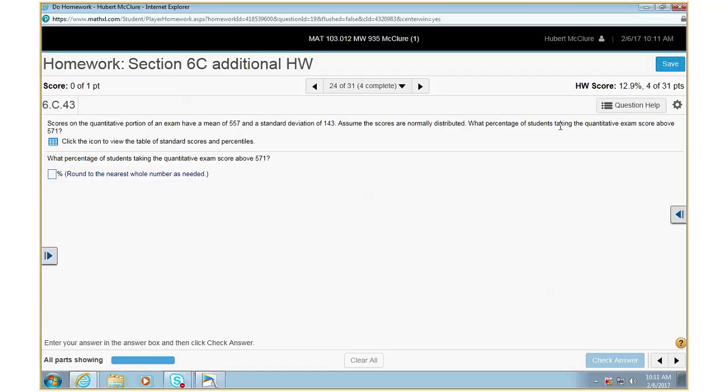What percentage of students taking the quantitative exam score above 571? So that means you need to plot 571, and they want to know what the area to the right of 571 is. How do I know it's to the right? Because what does that word say?